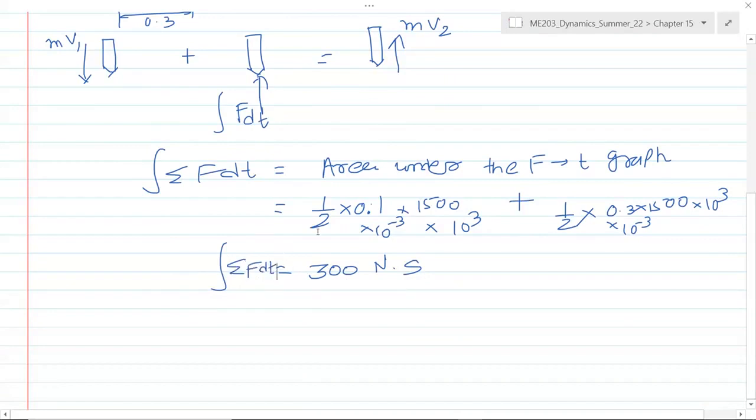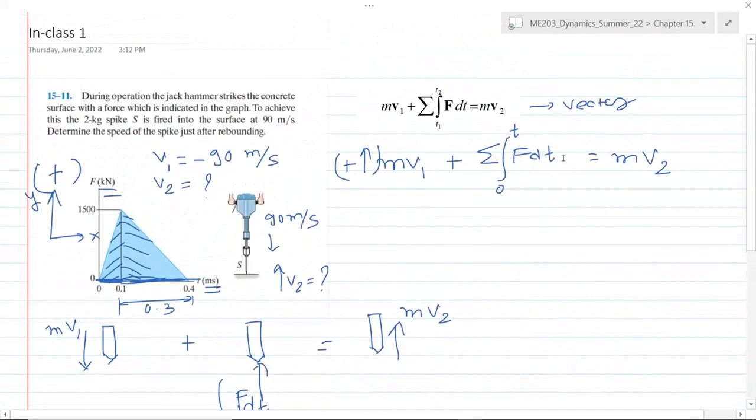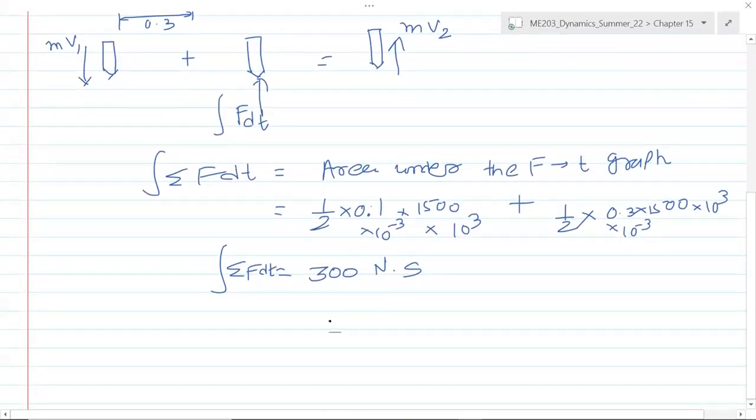Now we can substitute everything into the impulse-momentum equation. Once again, I'm writing it here: mv1 plus sigma F dt equals mv2.